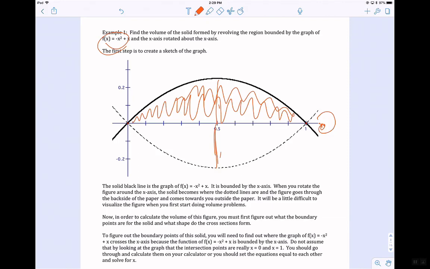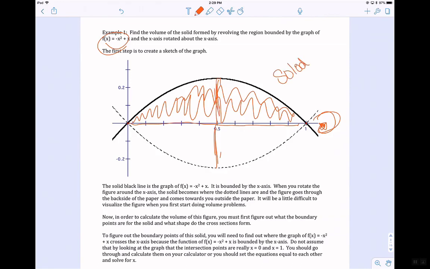This is a three-dimensional figure that looks kind of like a football. It is completely solid because it's bounded by the x-axis and rotated about the x-axis, so this is called a solid.